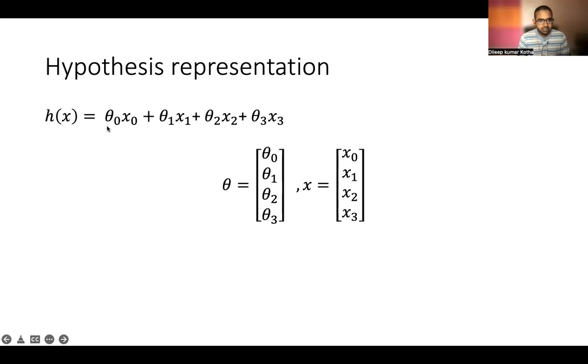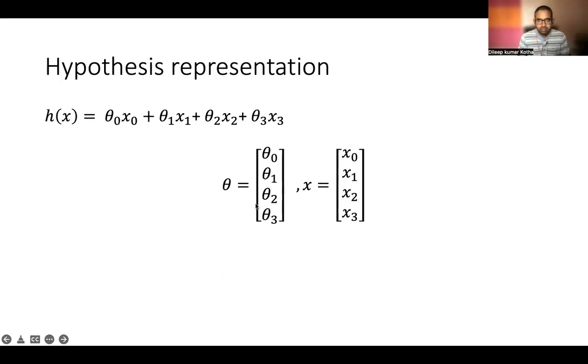So the parameters θ0, θ1, θ2, θ3, or if you have till θn, they can be represented by a vector format. So now you can put a single theta and represent all the parameters in the vector format. And similarly, all the variables you can represent in a vector format. Since x0 is 1, it will still look like the old hypothesis.